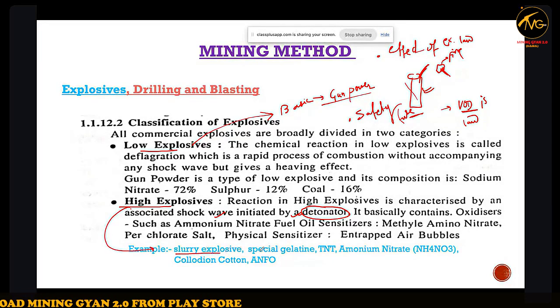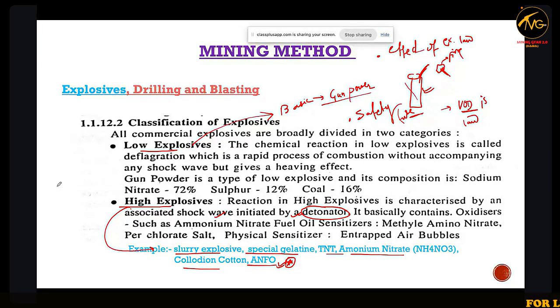Celery explosive, special gelatin, TNT, ammonium nitride, collodion cotton, NFO. You should mug up this example. If you get any other, you should know, because they will ask in your multi choice question that what type.